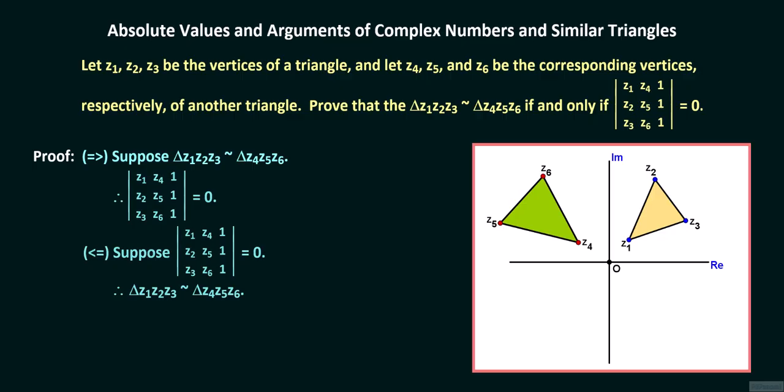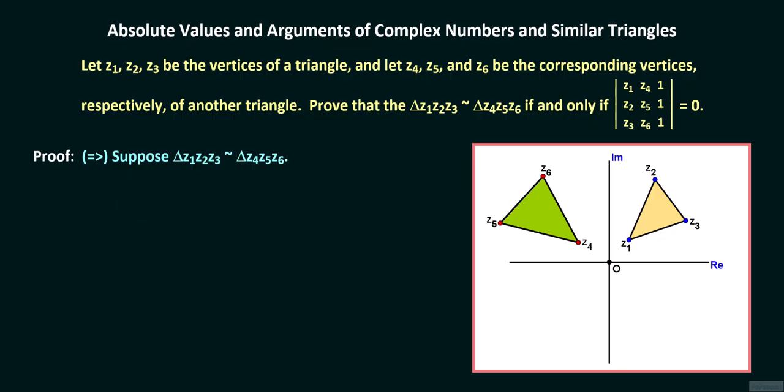Let us first suppose that the two triangles are similar. The two triangles are similar if and only if the corresponding sides are proportional.